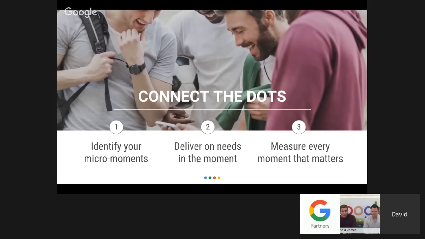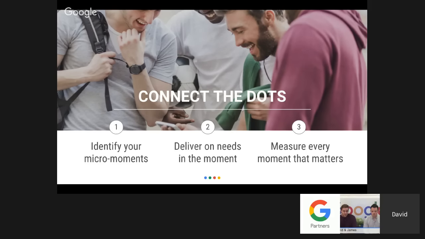We've been thinking long and hard and have developed a new way to think about winning today's empowered mobile customers. So what does this look like in 3 steps? Firstly, we need to identify your micro moments, which is about more than identifying your audience. It's about putting yourself in their shoes and truly understanding their intent and mindset in that moment.